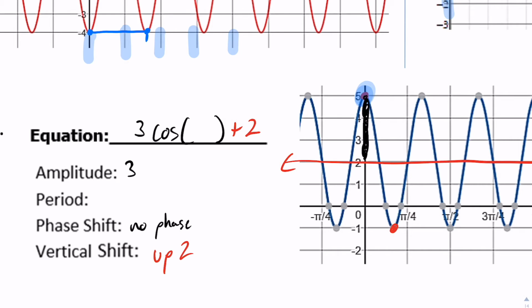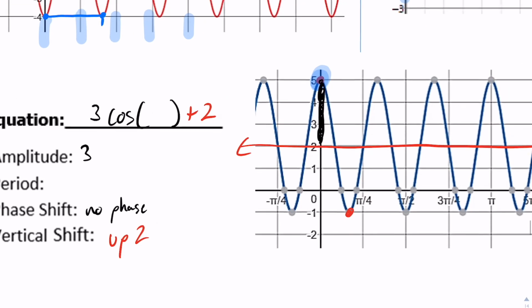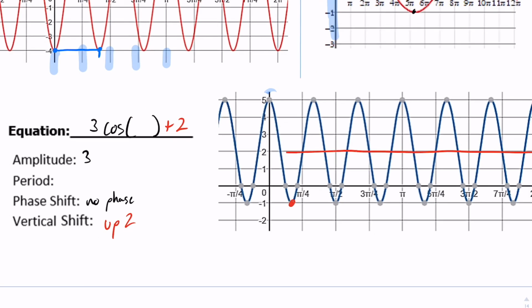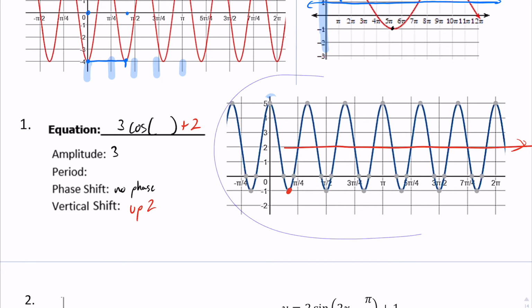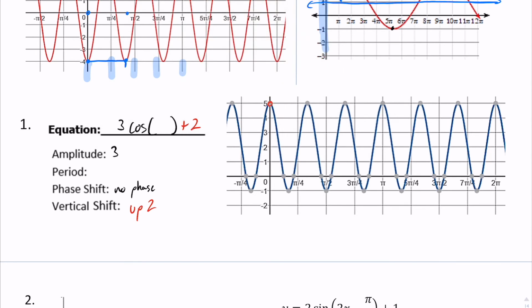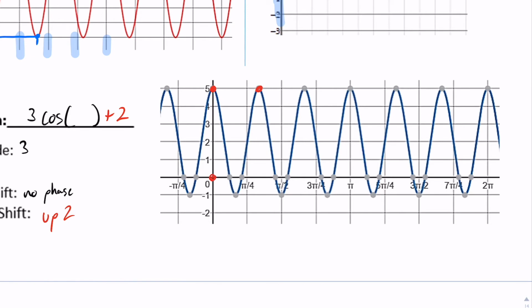Finally, the hardest one is going to be our period. So I'm going to erase everything we have here. Okay, delete. All right. So I'll do it in bright red again. So the top, you go from one top to the next top. That is your period. So we started at 0 and we get to about right here in between pi over 4 and pi over 2. That's going to be around pi over 3.